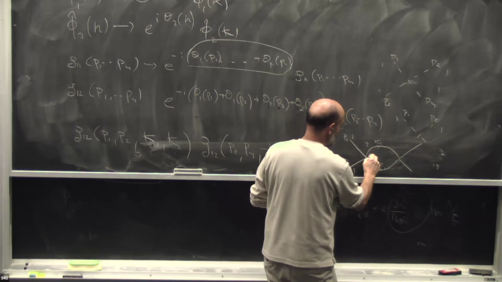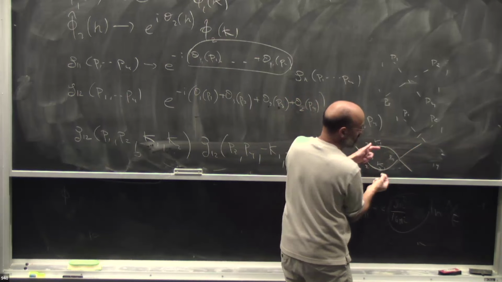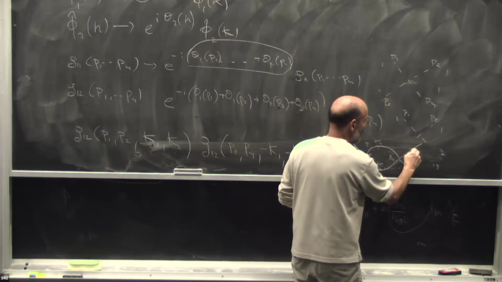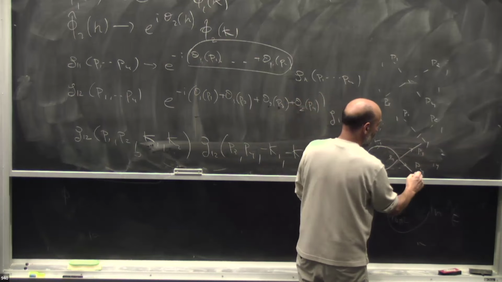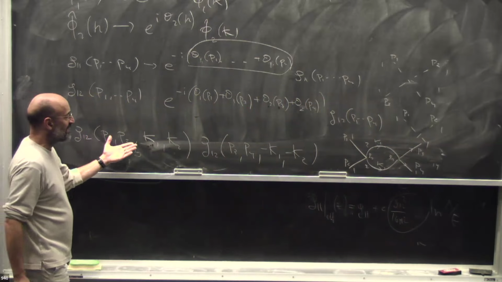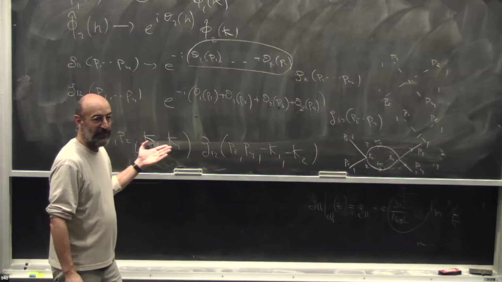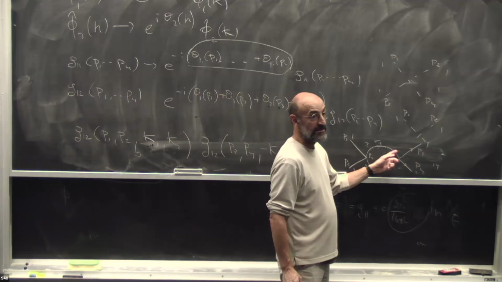This is a vertex G12, this is a G12, and this is K1, K2 going in, so it's minus, and then you have P3 and P4 going out, and these are 1 particles. So the basic structure of this product of 2 couplings is the one that reproduces this diagram.